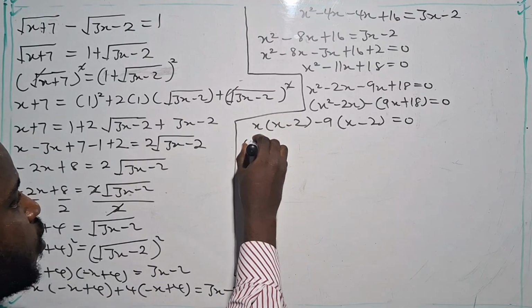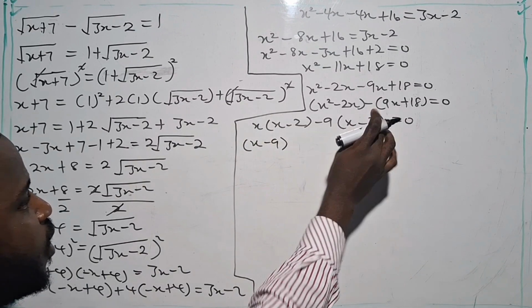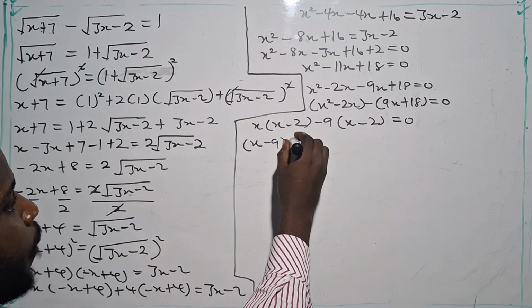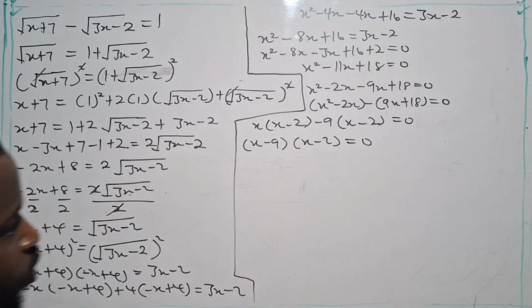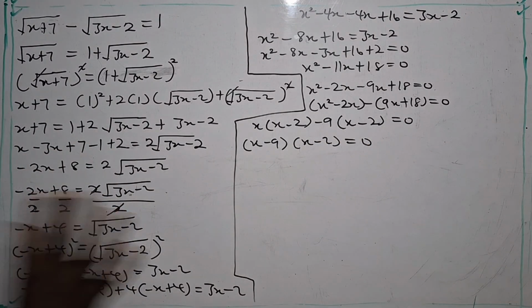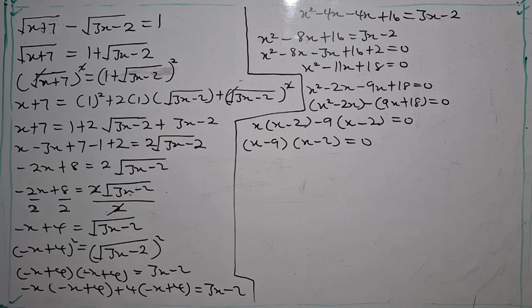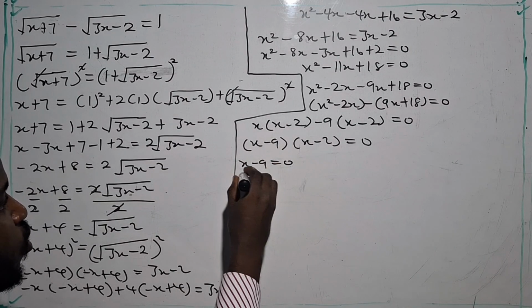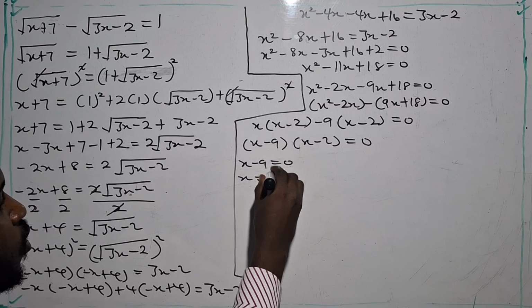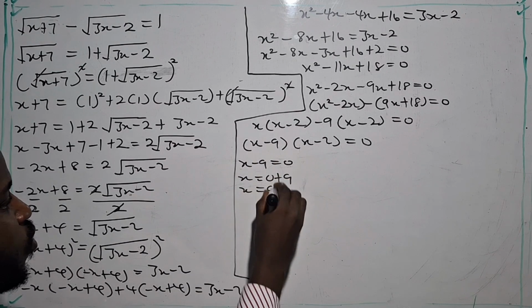So by the method of grouping, x minus 9, then the ones in the bracket are the same, x minus 2, is equal to 0. So we have to solve for each answer in the bracket. So I have x minus 9 is equal to 0, so x is equal to 0 plus 9. So x is equal to 9.